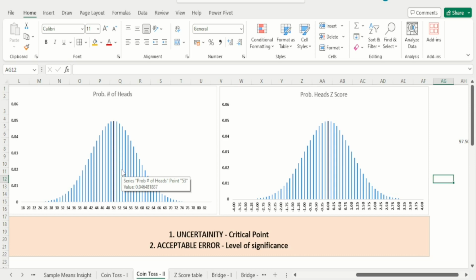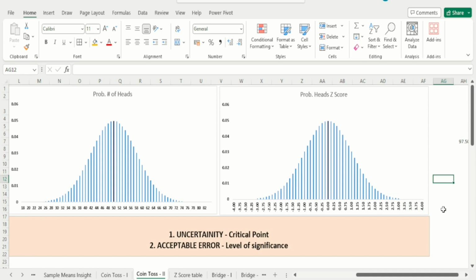Is it minus 1.7 standard deviations away from the mean? That's what a z-score represents. So we can represent the same distribution you see on the left side in terms of z-scores. As you can see, it retains the same shape, a Gaussian curve, a normal distribution like shape, provided you are doing enough samples of this.